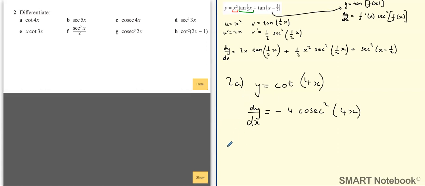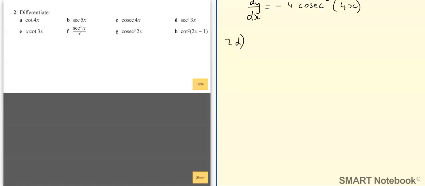Next thing I want you to have a go at is 2D, please. Okay, so 2D is the next thing. Firstly, what we notice is that part D has got an index there.